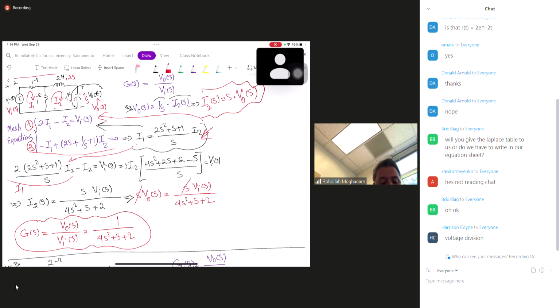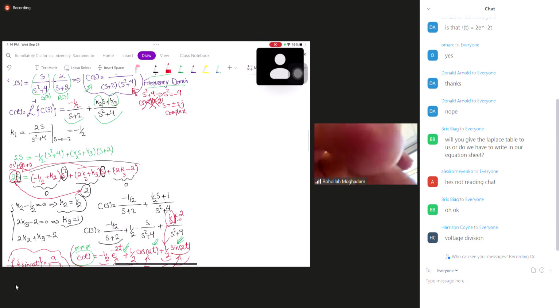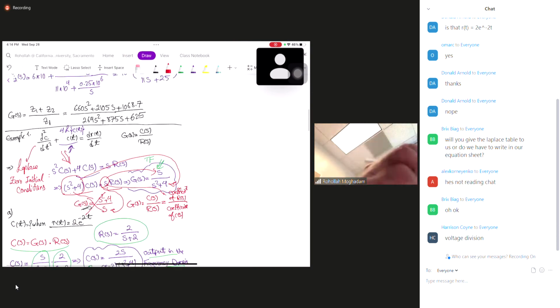You can find transfer function, and you don't need to, or you can find the Laplace transform of any function in the frequency domain. But for me, it is important that you can solve some problem like this, all right?